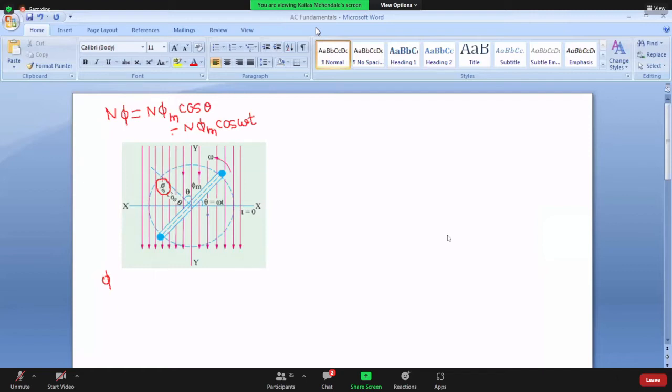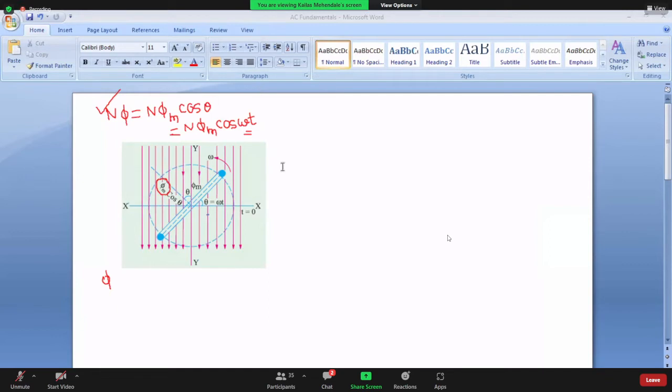So the flux, phi, is nothing but the magnetic flux lines. What we have derived so far is that N into phi can be written as N into phi m cos theta, or also as N into phi m cos omega t.